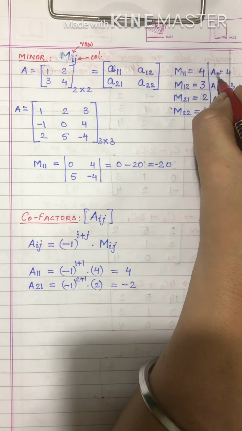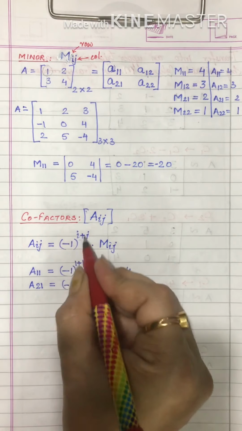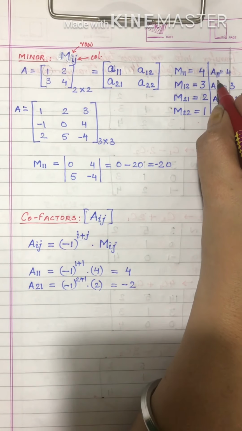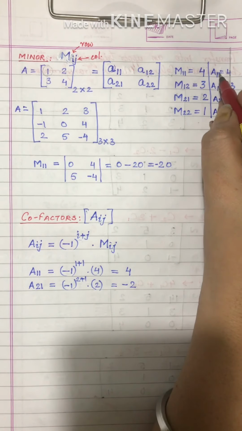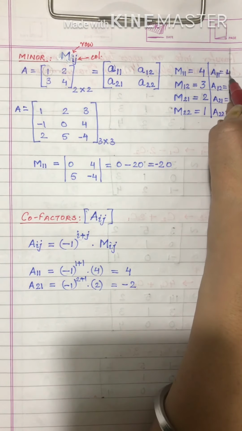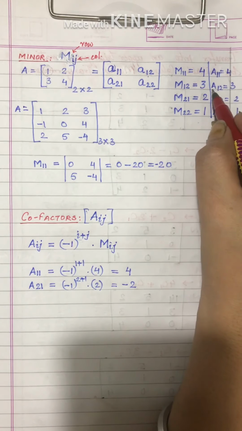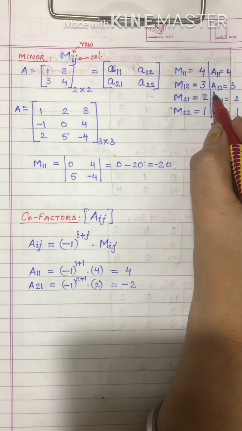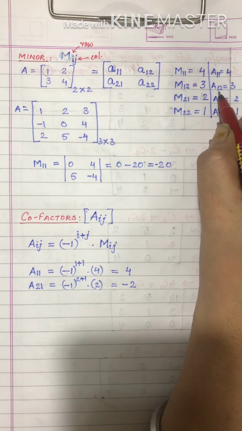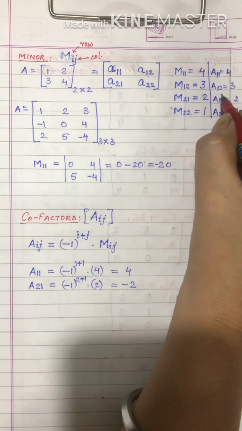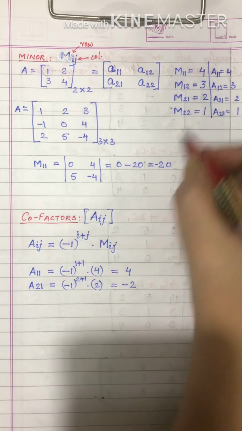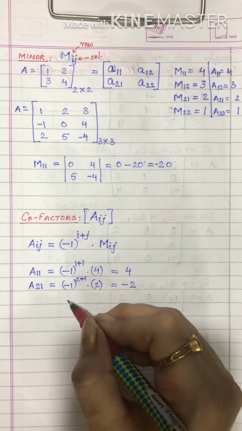See, when you add this i plus j, whenever it is an even number, what are even numbers? 2, 4, 6, 8 and so on. So whenever you get an even number, the answer will be same, positive. And whenever you have an odd number after adding the row number and the column number, as in this case 1 plus 2 is 3, so minus 1 raised to 3 is minus 1.